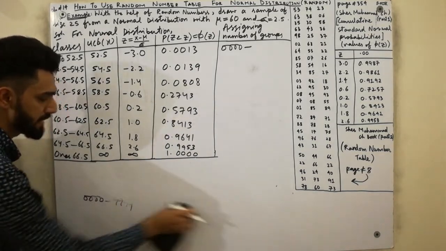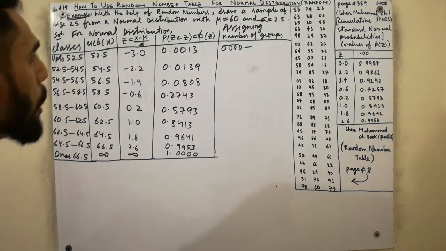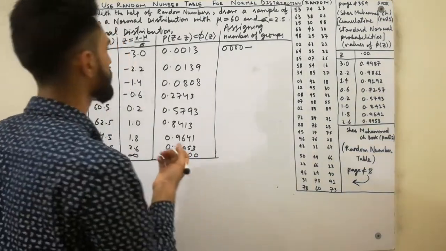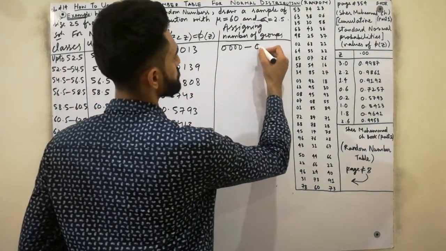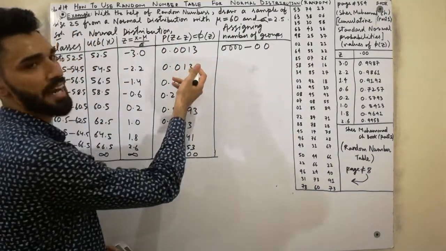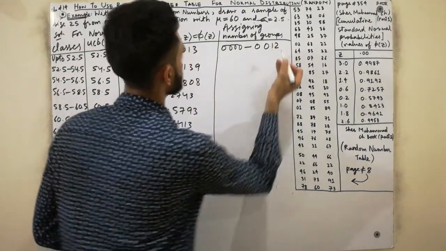Now moving to assigning numbers to groups with 4 digits. A very simple step. I'm calculating here 0001.